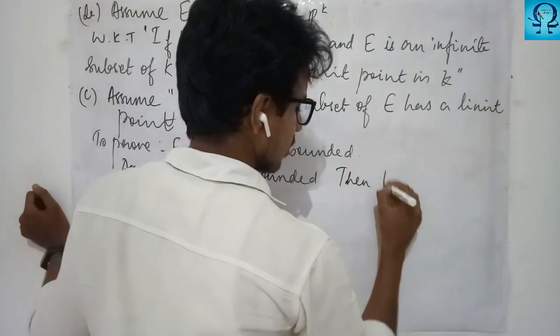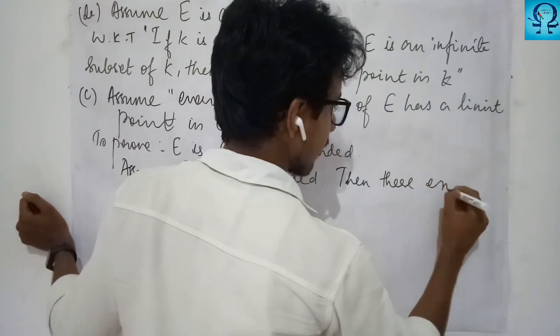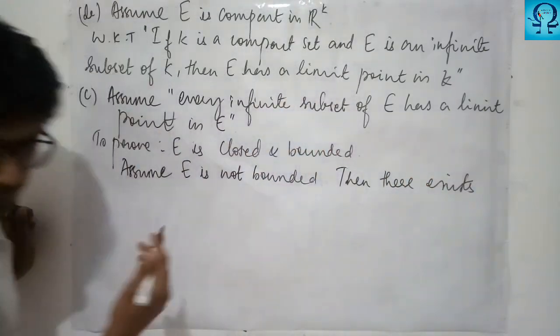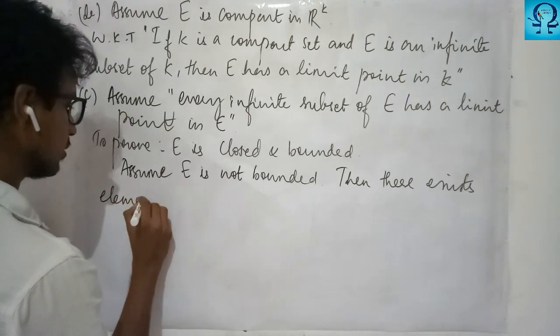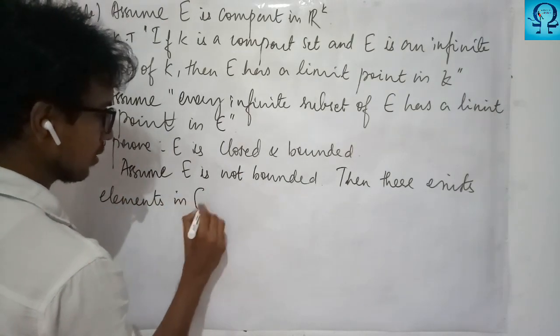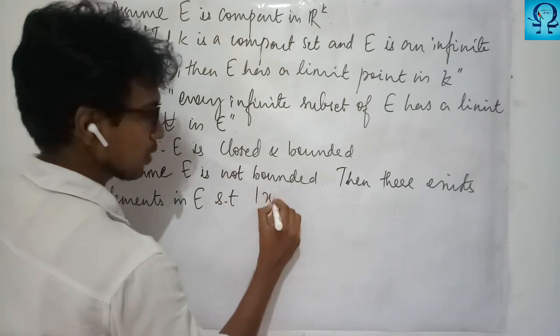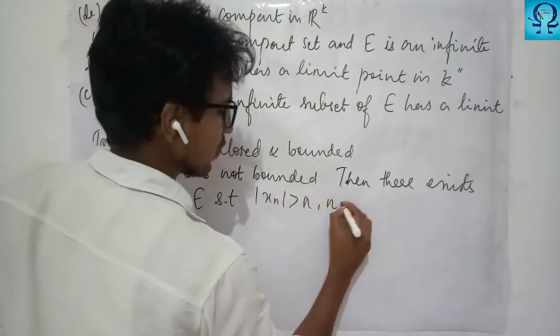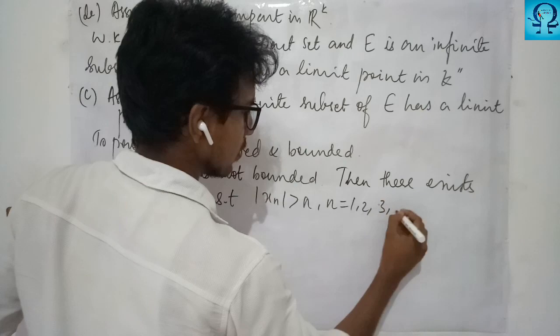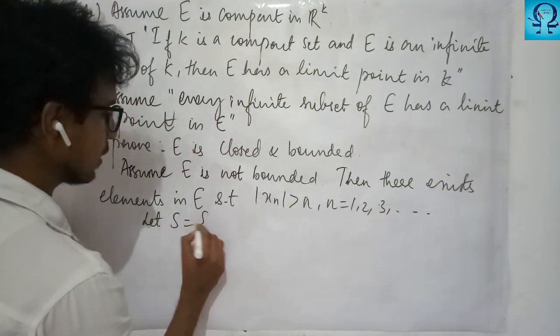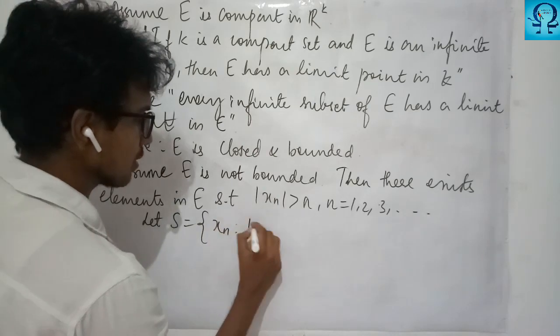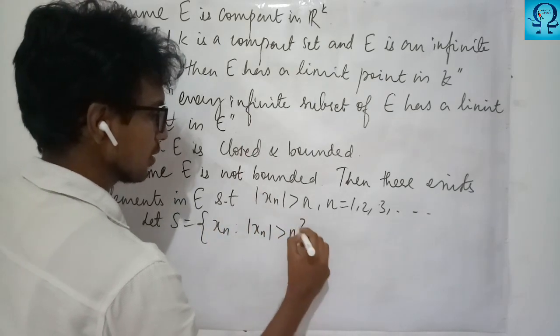Then there exist elements xn in E such that the absolute value of xn is bigger than n, for n running like this. And let me take S to be the collection of xn such that this is the case.